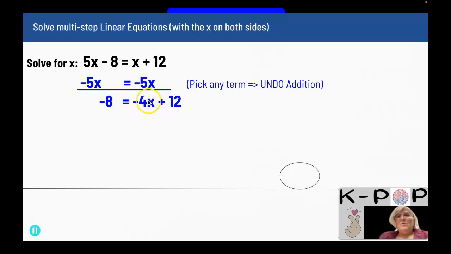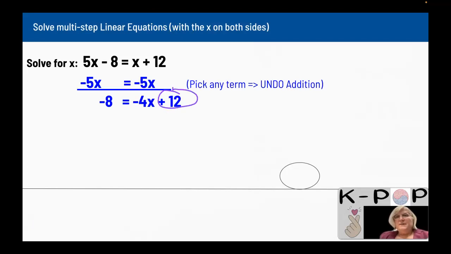I now want to move this 12 to the other side because I only have a variable here. And I want my variables on one side and my numbers, my constants, they don't have a variable attached to them, on the other side. So that means I need to move this positive 12 to the left-hand side. So I'm going to choose the positive 12 to move.